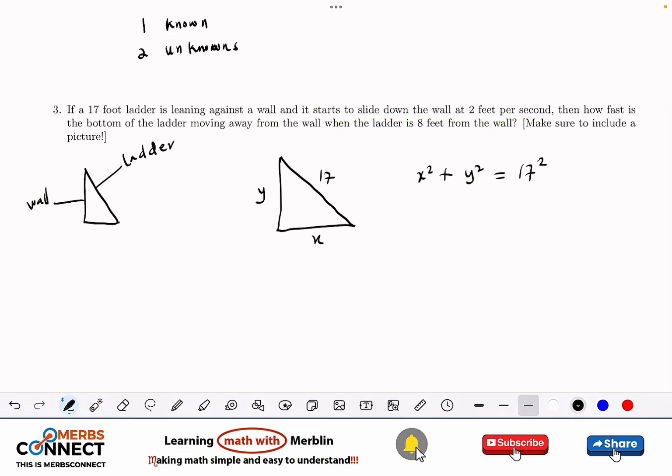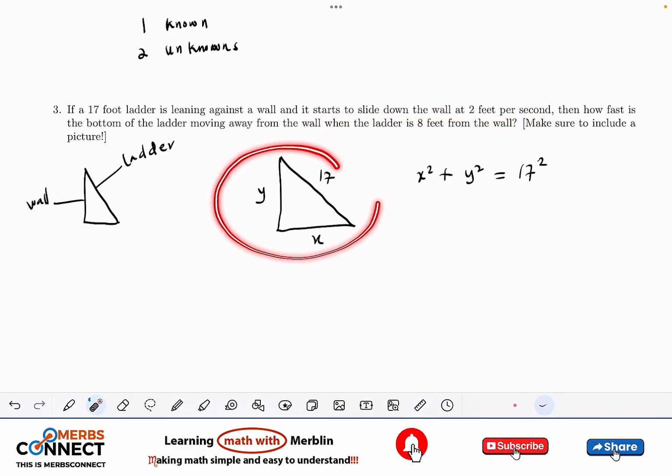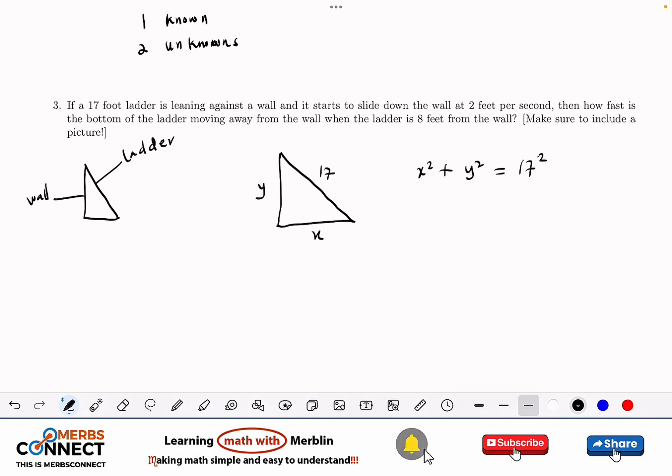So what we are trying to say is this is the image that we have, but the ladder against the wall tries to slide down. So when it starts to slide down, you see that there will be small changes. There is a change here, there is also a change here, right?